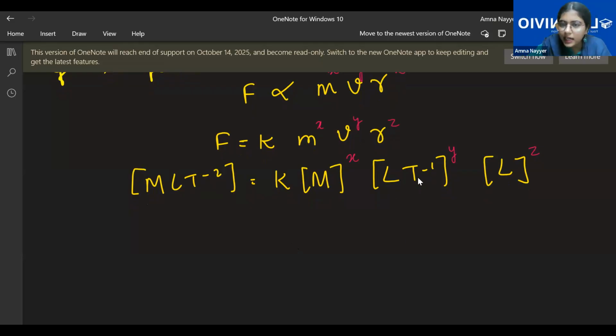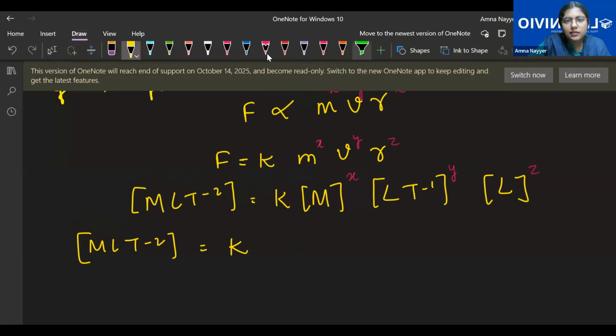Before we compare, let's do one thing: MLT to the power minus 2, let's segregate the powers. X gets multiplied to the power 1, so it will be M to the power X. This is the whole complete dimension of the mass from here.